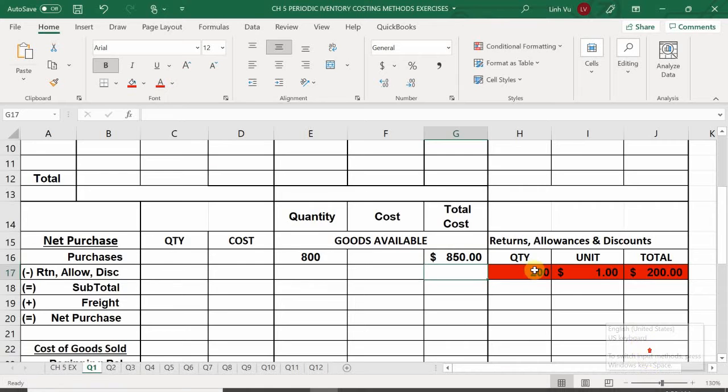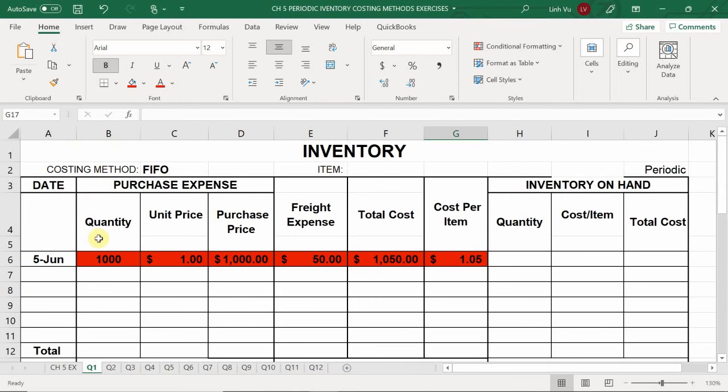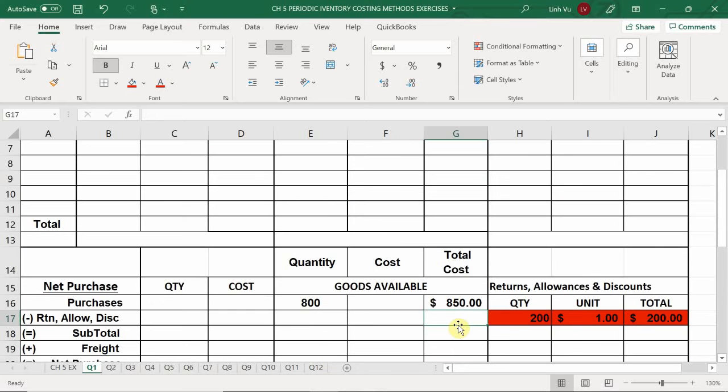I could think of it this way too: if I return 200 units at $200, because I know freight was an expense I've already incurred, I have to take those $50 and instead of spreading it across 1,000 units, I only have 800. So now I have to take that $50 and add it to my purchase price, which is 800 times $1, to give me 800 plus 50, because I can't return freight. Therefore, now I am down to $850 as a total cost.